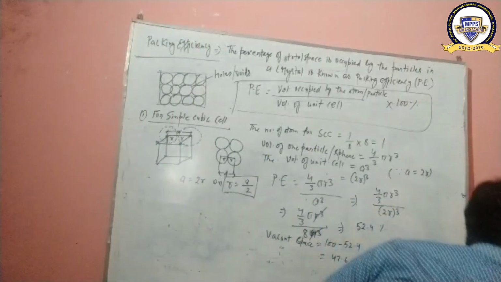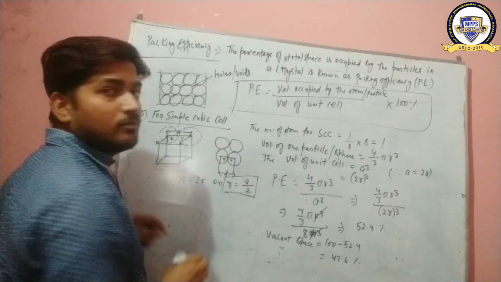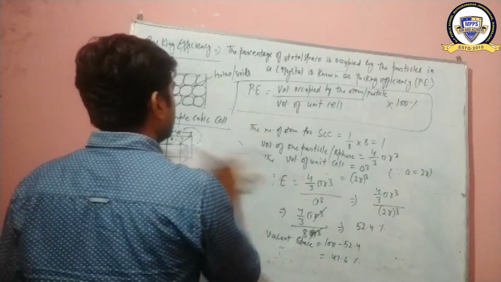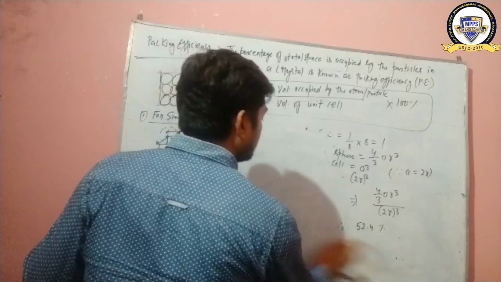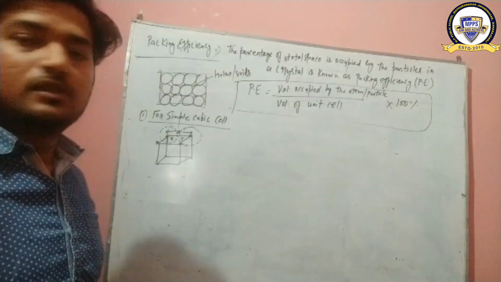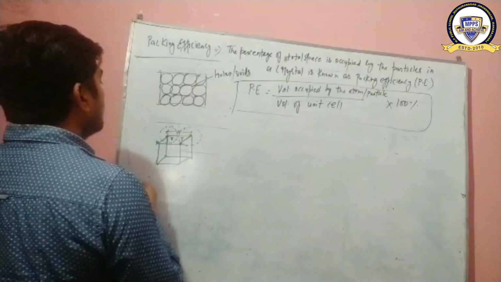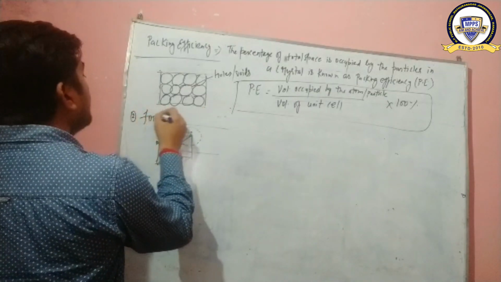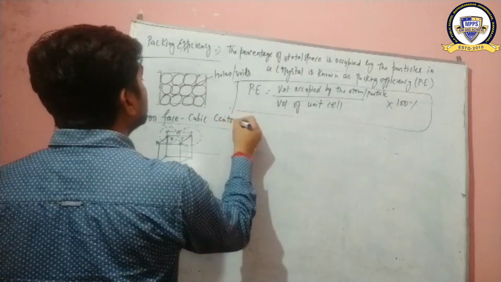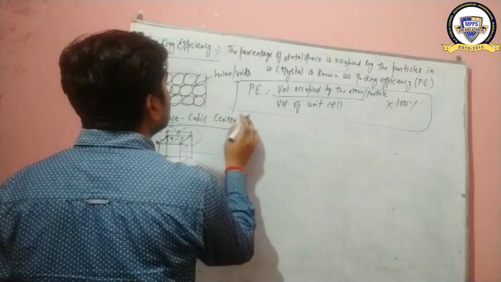Now the next, after simple cubic, we talk about face centered cubic, the second one, FCC, or face centered cubic cell.